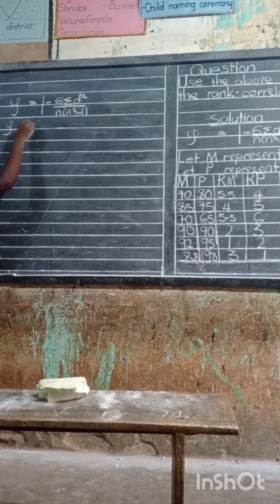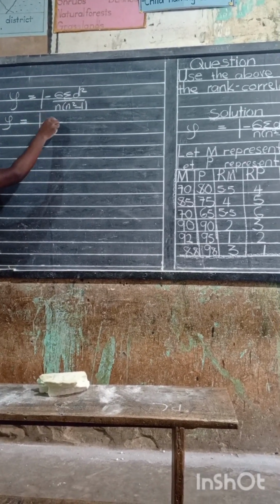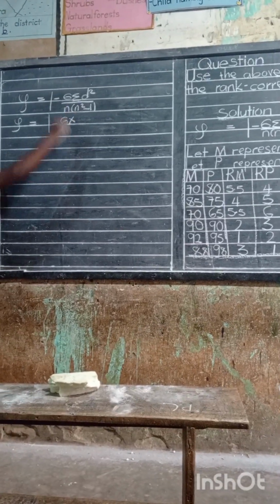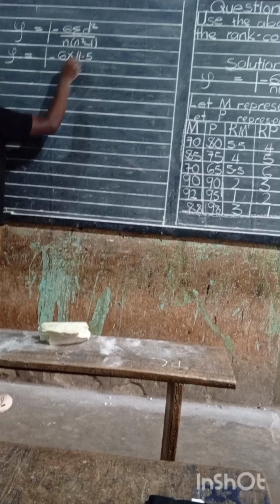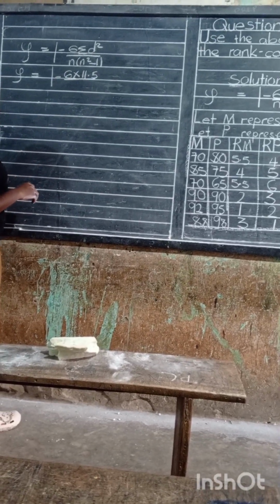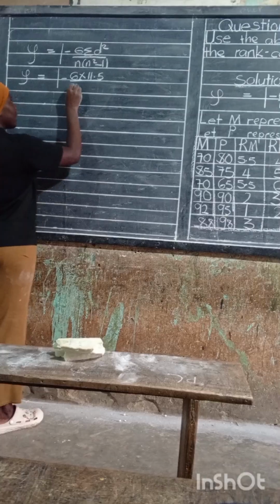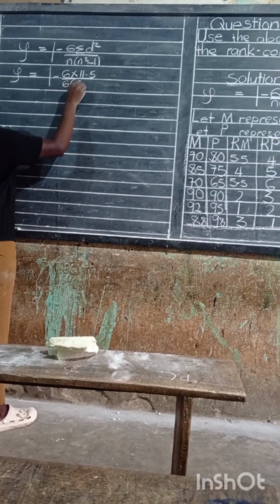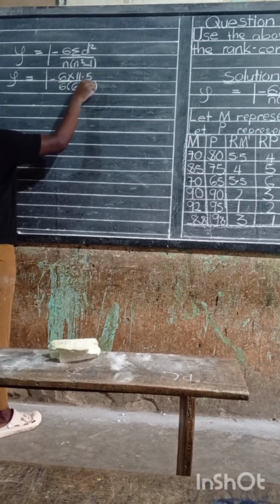So Spearman's is 1 minus 6 times the summation of this squared, which is 11.5, out of n, which was the total number of learners, and they were 6 in a class. 6 into 6 squared minus 1.